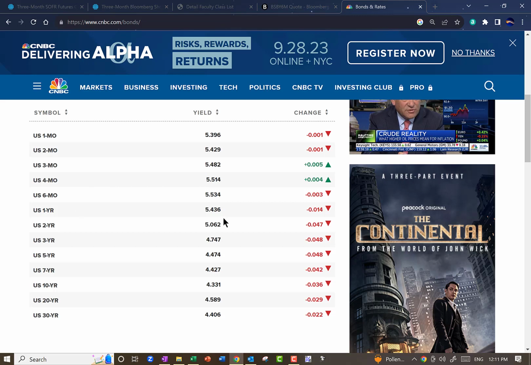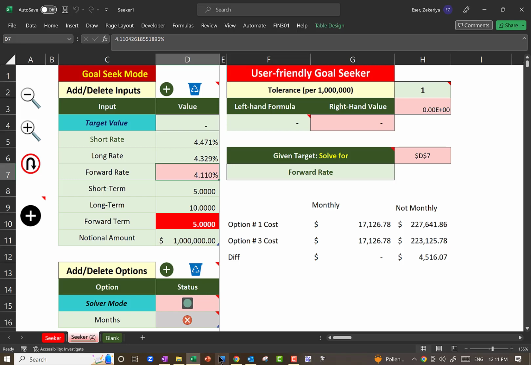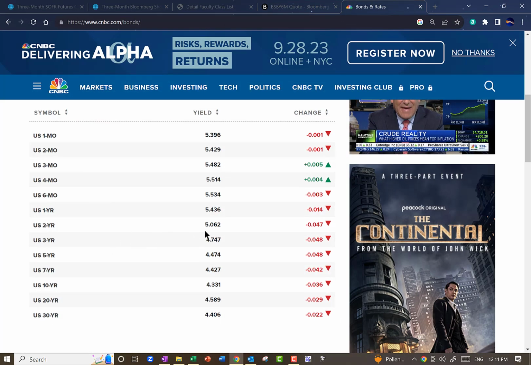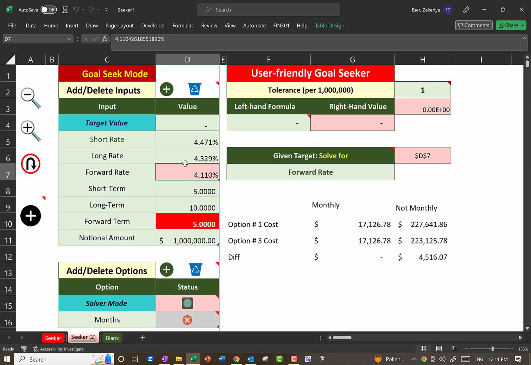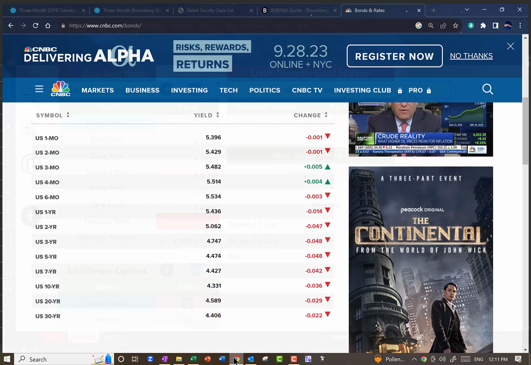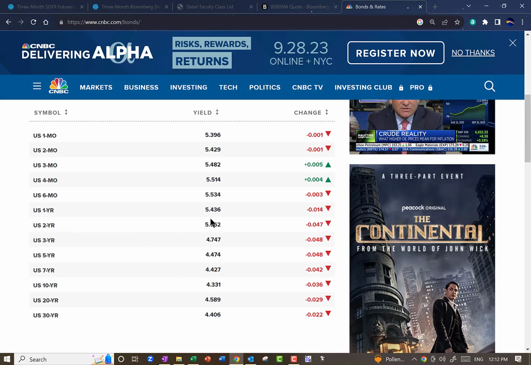I can't see anything. 5062. And 574.7. Same. It's about 4%. That's what market is betting on right now.